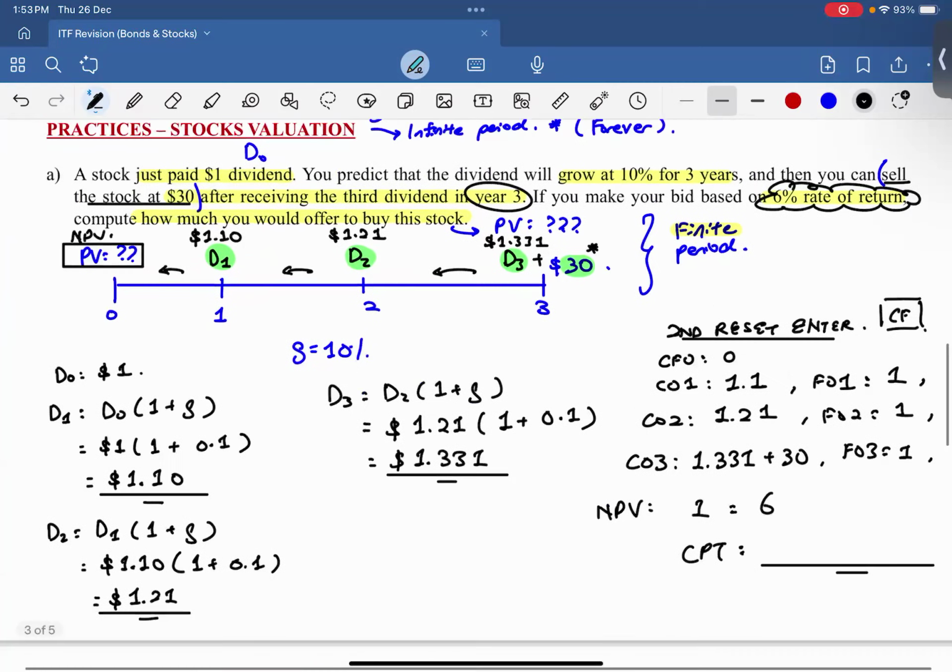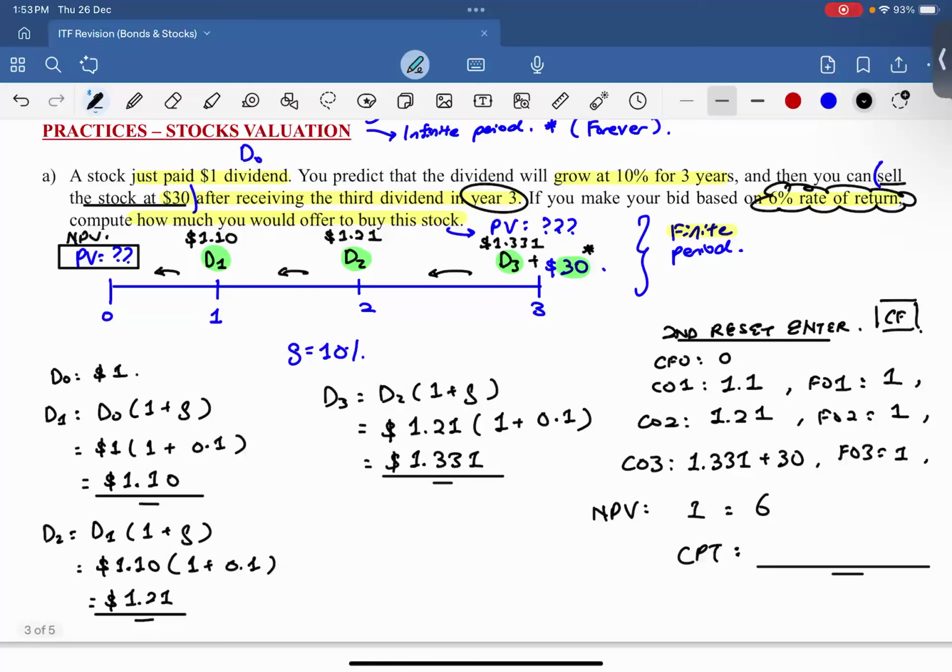Let me try it on the financial calculator first. Second, reset, enter. Cash flow. 1.1, enter. 1.21, enter. And then 1.331 plus 30, so 31.33.